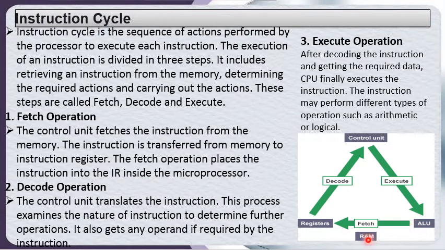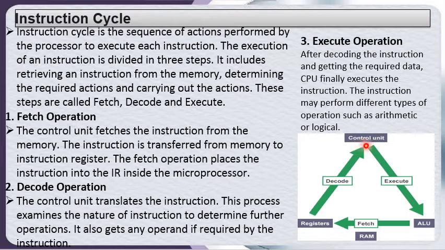Then again, the next instruction is fetched from main memory and put inside the register of the processor, and the control unit decodes it and understands what is inside it or what it means.